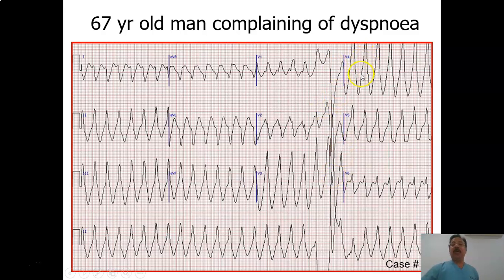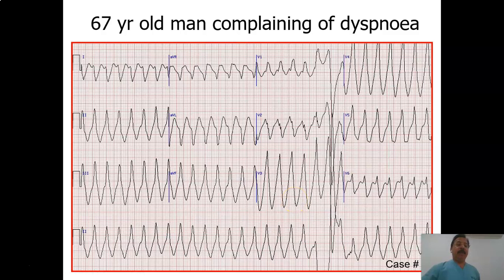Brugada sign is also positive. The distance between the R wave and the depth of the S wave, if it's more than 2.5 small boxes, is in favor of ventricular tachycardia. Yes, it's there.